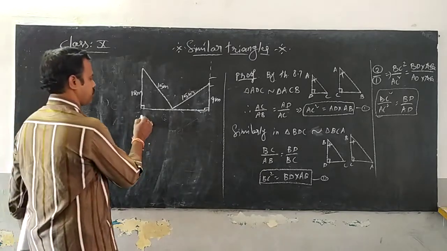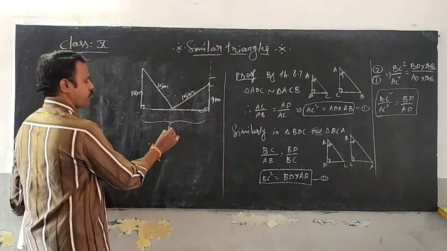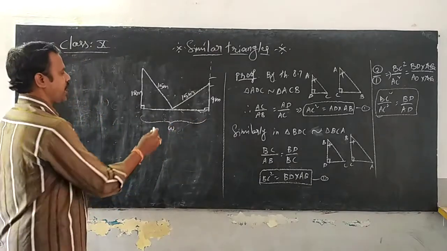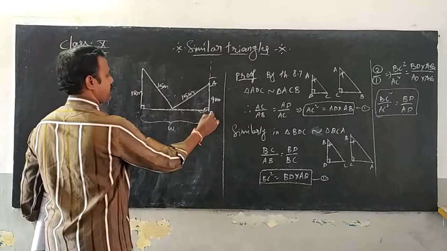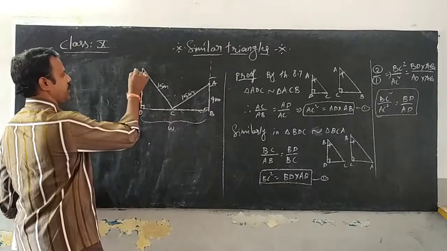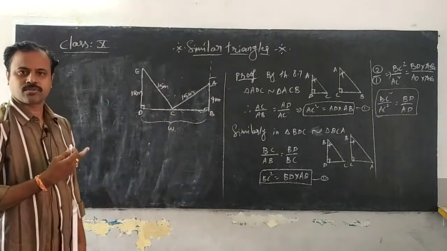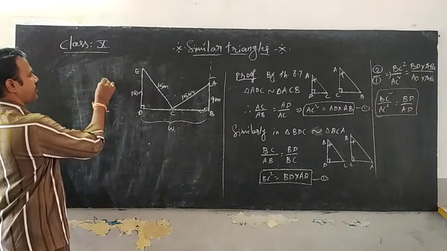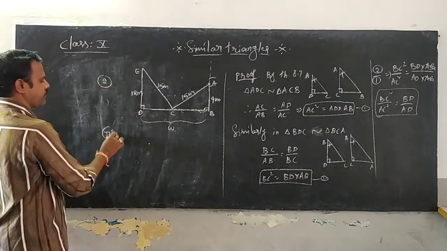Width of the street means this is the total street. You want to find the width of the street. Suppose we take this part as A, B, C and this as D, E. I think you understood. Right. For the second question, tell me what is given.